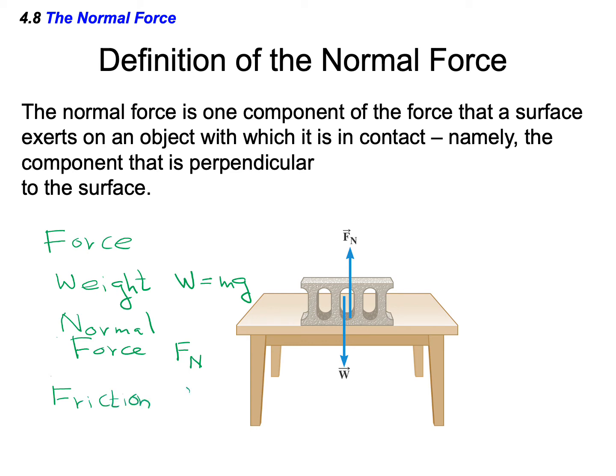It's another type of force. We use lowercase f for friction, and there's another force we call tension. We use F, T for tension, lowercase f for friction, normal force F n, weight W equals mg.